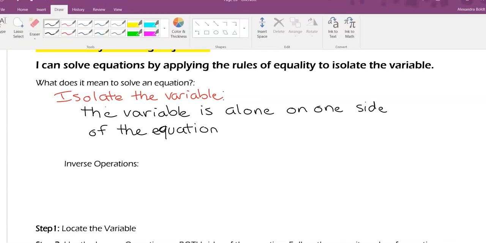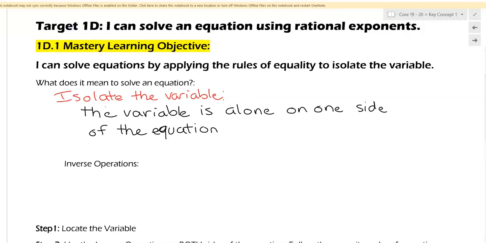All right, so how do we get this variable alone? We do inverse operations. And inverse operations are just opposites. Because they're opposites, they cancel each other out.